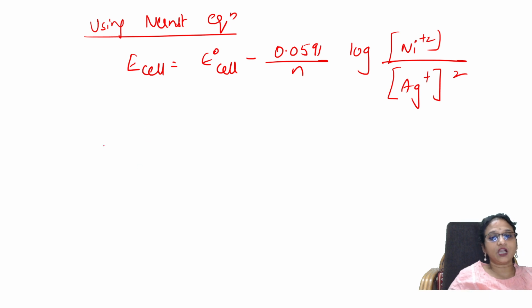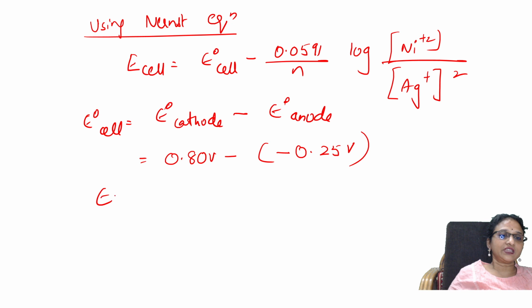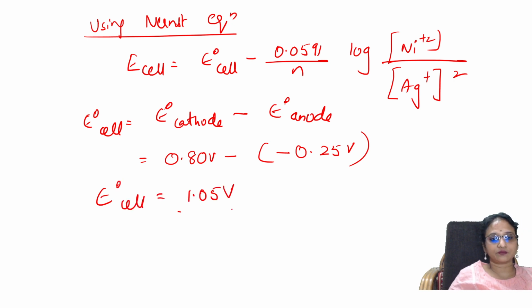Now, how many electrons, students? 2 electrons. So E naught cell we will calculate first. E naught cell is equal to E naught cathode minus E naught anode. How much is the cathode value? 0.80. Minus the anode value of minus 0.25 volts. So finally, E naught cell I got as 1.05 volts.